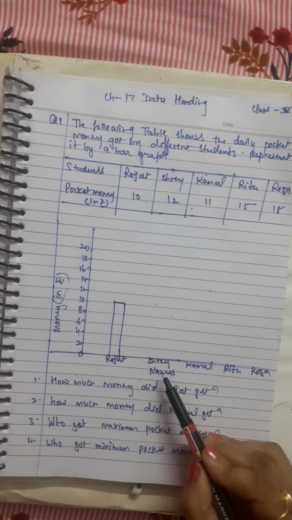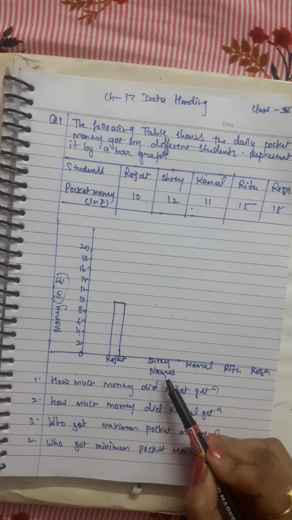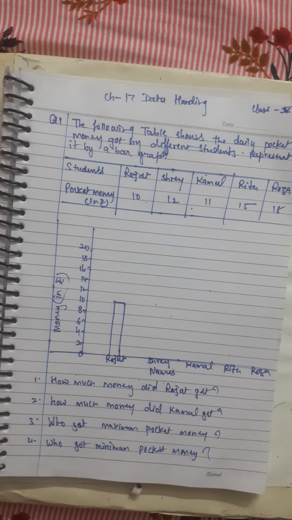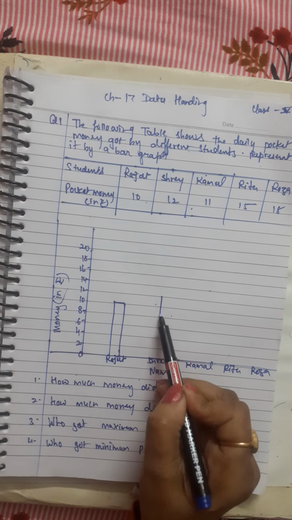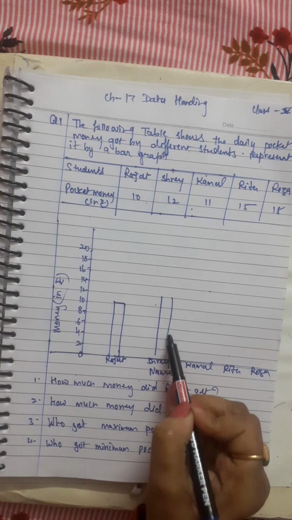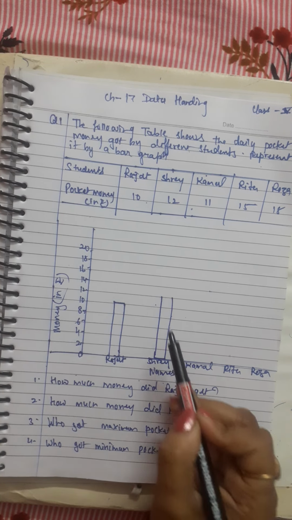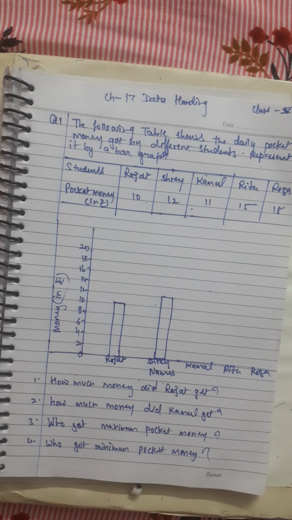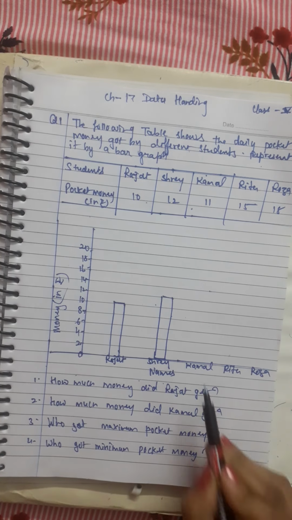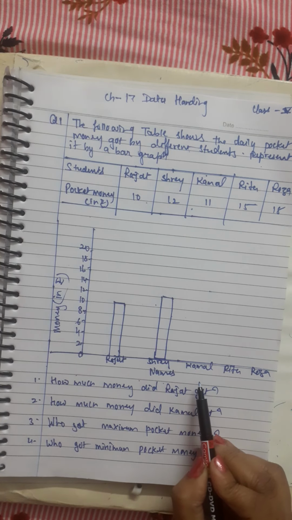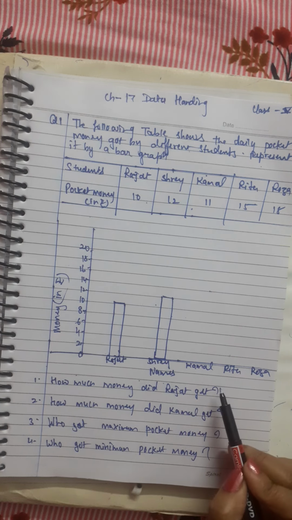The second student is Shreya. Shreya got 12 rupees as pocket money. So we will draw the bar of Shreya till 12. The next student is Kamal, and Kamal got 11 rupees as pocket money.